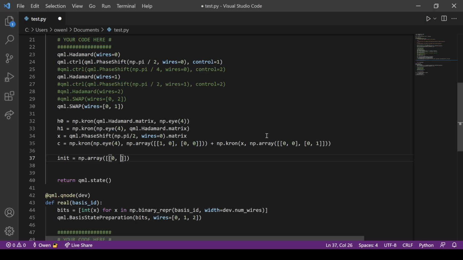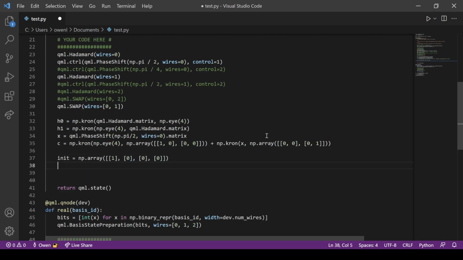We have our 1, 0, 0, 0 state. Result equals matmul of our H0 on our initial state, then we have our C on this state, then we have our H1 on this state.